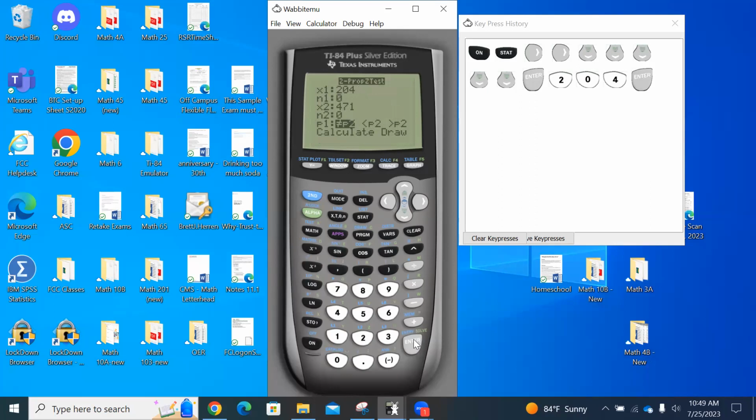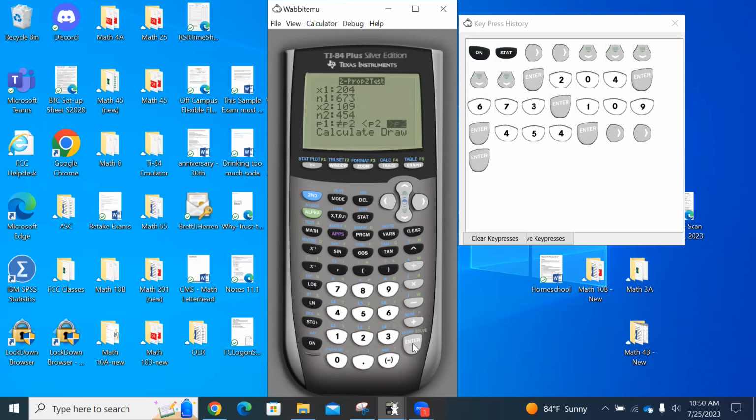Enter. N1 is 673. Enter. X2 is 109. Enter. N2 is 454. Enter. And then we're going to go over to greater than. Right there. Go down to calculate. Enter. And there we go.